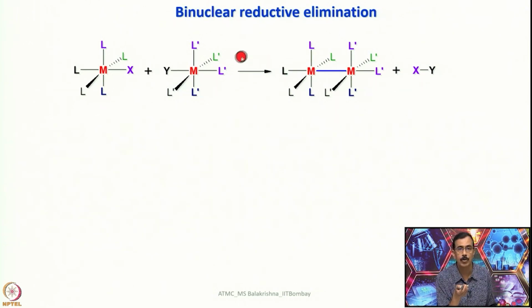This is a typical binuclear reductive elimination, and of course, if we take this molecule and add this one, we can get these two species, that is binuclear oxidative addition, that I had already showed you in one of the previous lectures. So, this is how one can imagine a binuclear reductive elimination that is happening with metals which have a difference of 1 electron having two accessible oxidation states.